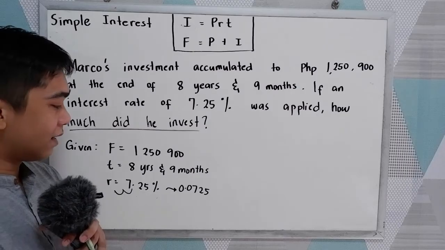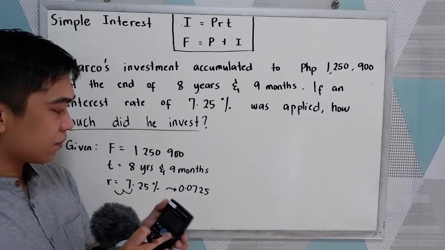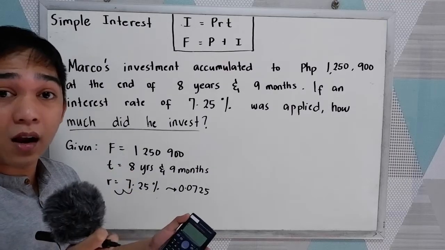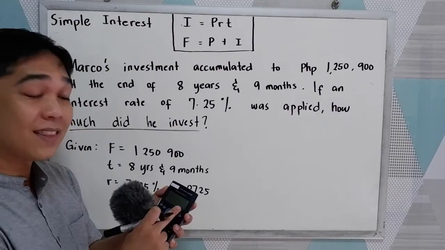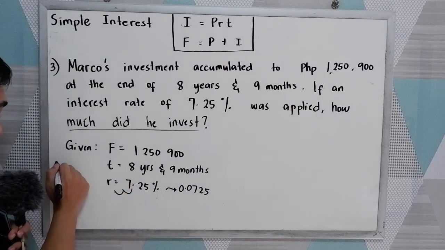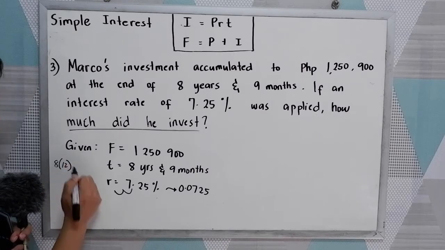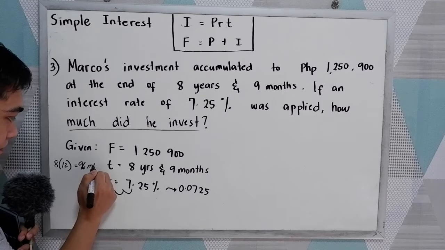8 years and 9 months, in decimal. So that is equal to 8 times 12, which is 96 months.